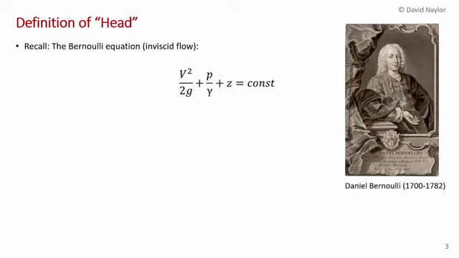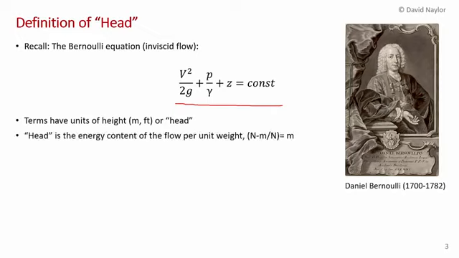Before we go on to talk about the concepts of hydraulic grade line and energy grade line, I just want to do a little bit of review. I want to talk about the Bernoulli equation again, and in particular this form of the Bernoulli equation. In this form, as you may recall from a previous video, each of the terms has the units of height, in either meters or feet, and we call this head.